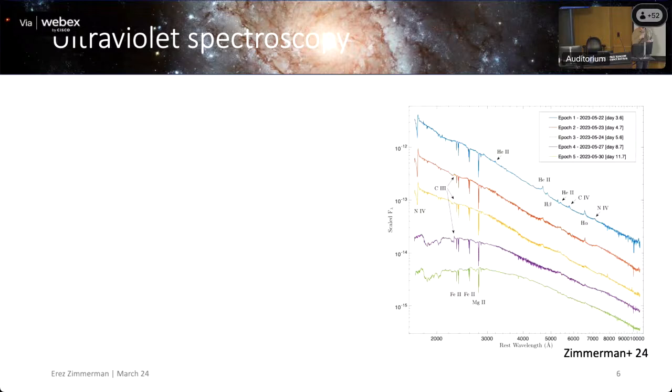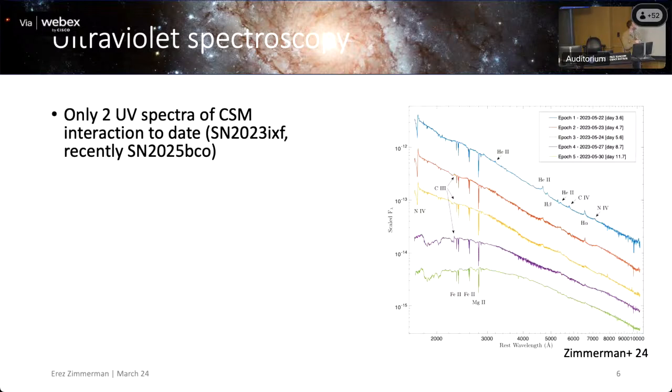Okay, so moving on to ultraviolet spectroscopy and what we can do with it when looking at interacting supernovae with CSM. I'm talking about type 2 supernovae. So we have only 2 examples of these short interacting supernovae, and I think this is actually probably a type 2N, so probably only one regular type 2 supernova that has this confined CSM, and that is 2023 IXF, and we have the spectra here.